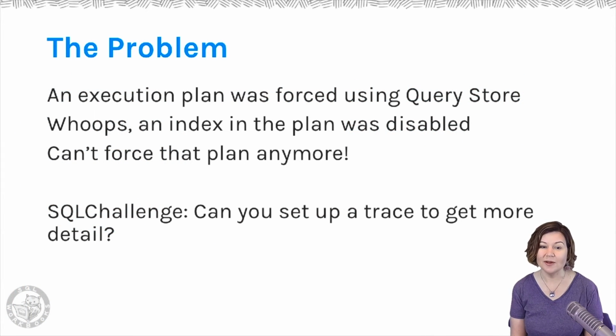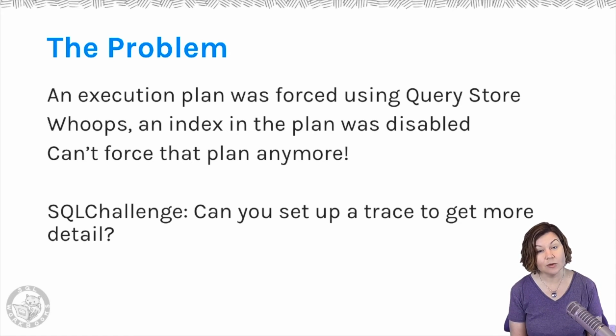For today's problem, our example is that we have an execution plan that was forced for a query using Query Store. And then after the plan was forced, an index that's used by the plan was disabled. The same thing could happen if the index was dropped, but in this case, the index is disabled. Now, the plan is no longer being forced.